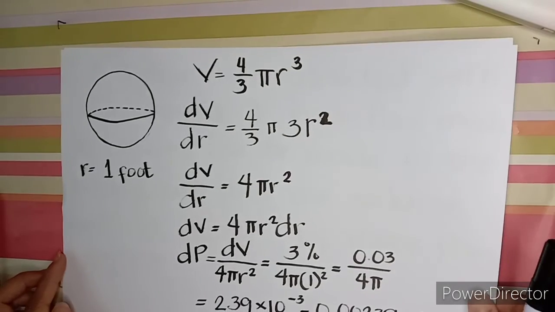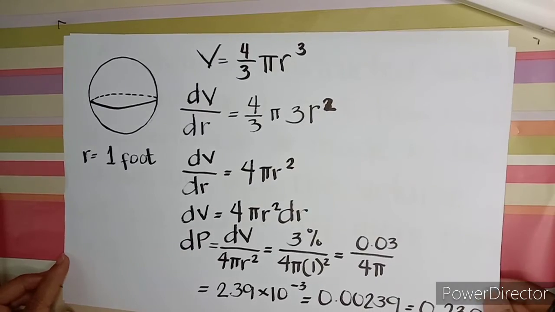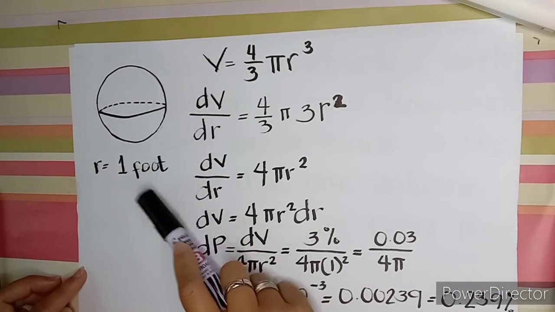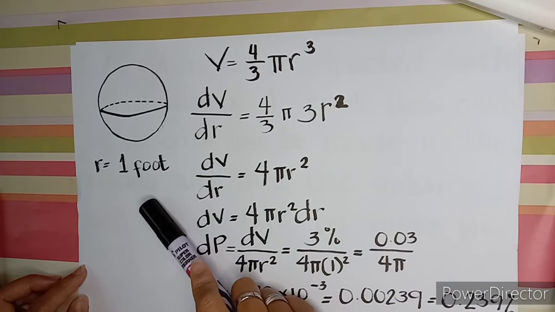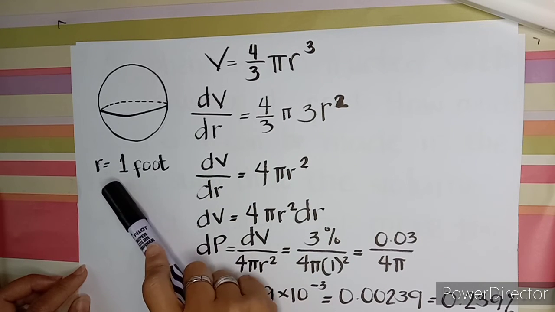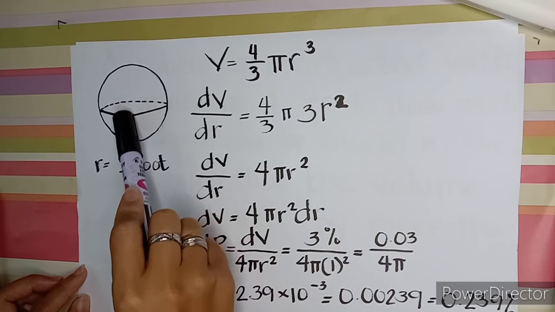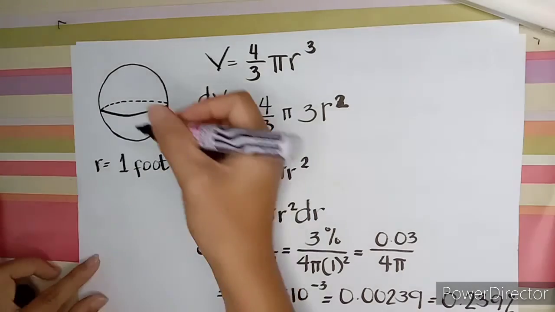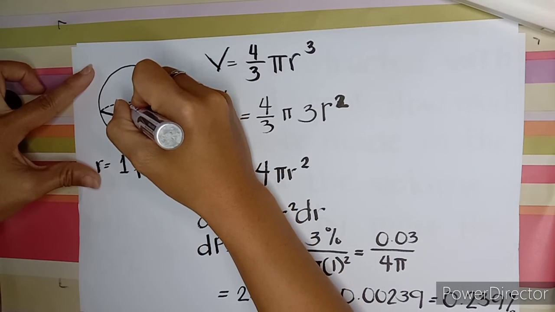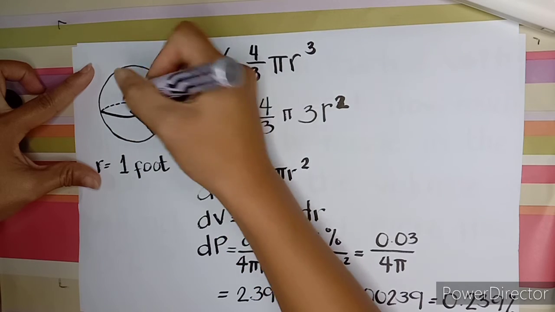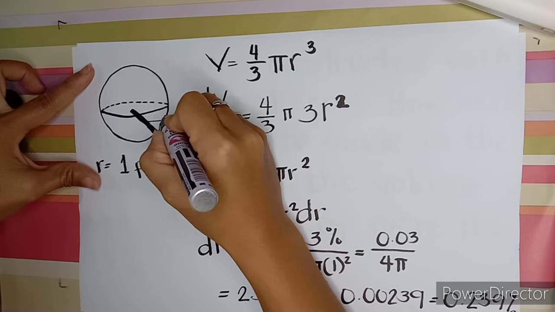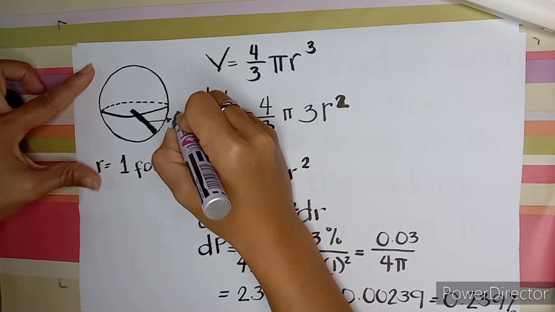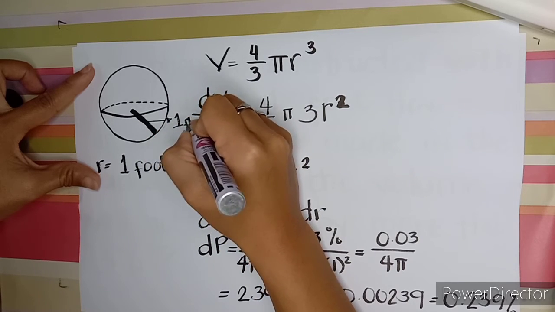So in problem number 3 for differential calculus, this is the representation of the sphere which has a radius of 1 foot.